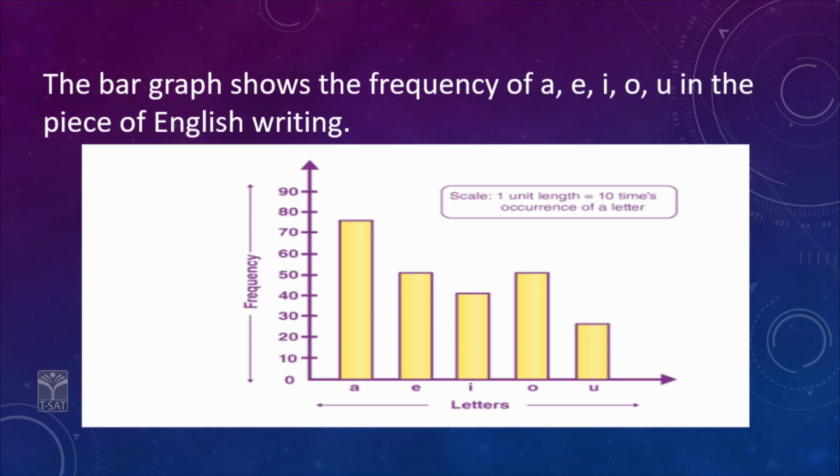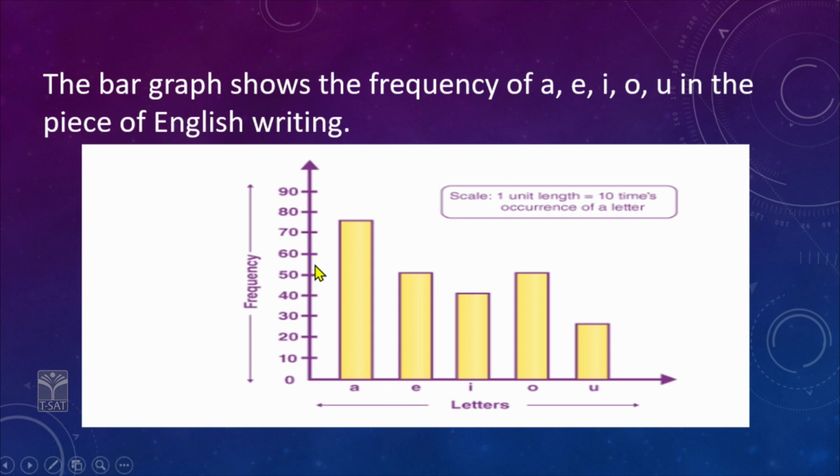The bar graph shows the frequency of A, E, I, O, U in a piece of English writing. Here the bar graph is given, with frequency on the y axis and letters on the x axis.